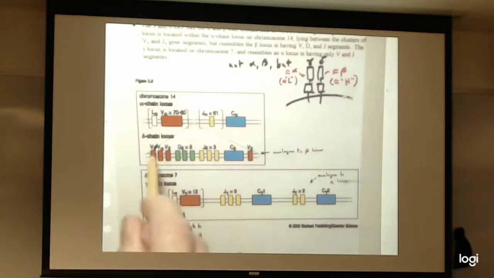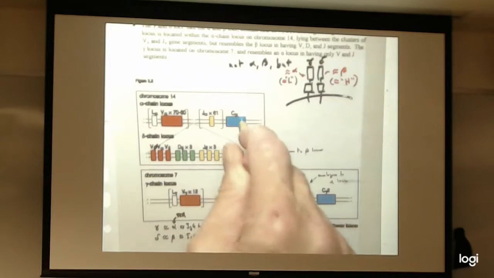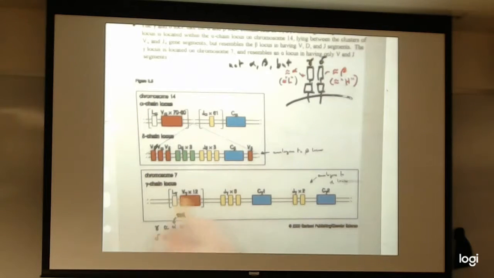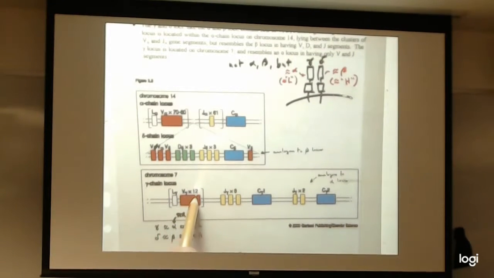So this is a beta chain like gene that we assembled in the middle of an alpha chain gene on chromosome 14. And then on chromosome number 7, we have the various components we will use to make a gene encoding the gamma subunit of the gamma delta T cell receptor.